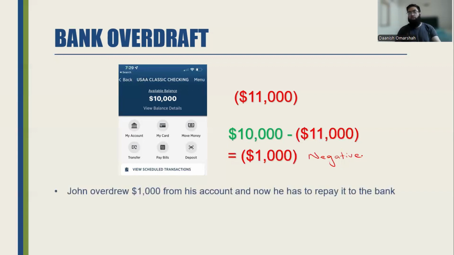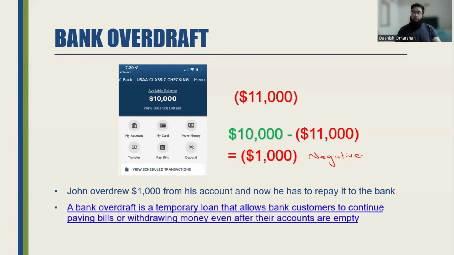So John overdrew $1,000 from his account, and now he has to repay it to the bank. So a bank overdraft is a temporary loan that allows bank customers to continue paying bills or withdrawing money even after their accounts are empty. So this $1,000 is another debt that has to be repaid by John. So this is a liability.